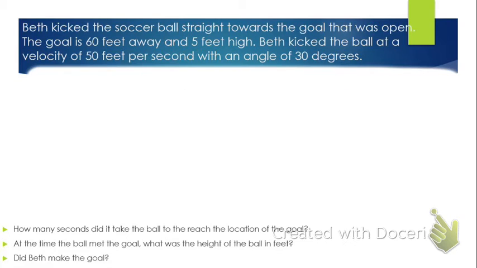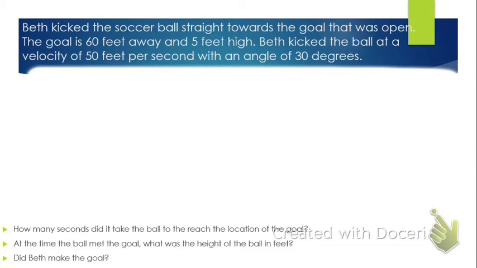Okay, so this one is a little different because we actually know how far away the ball needs to travel. When Beth kicked the soccer ball, she was trying to hit a goal that was 60 feet away. So we actually know the horizontal distance. This is different from the first question because we didn't know the horizontal distance.